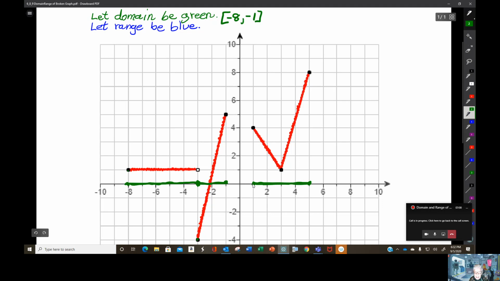Then it picks up again at +1, and ends at +5. And the way we hook these together is with a U. So that's your domain.